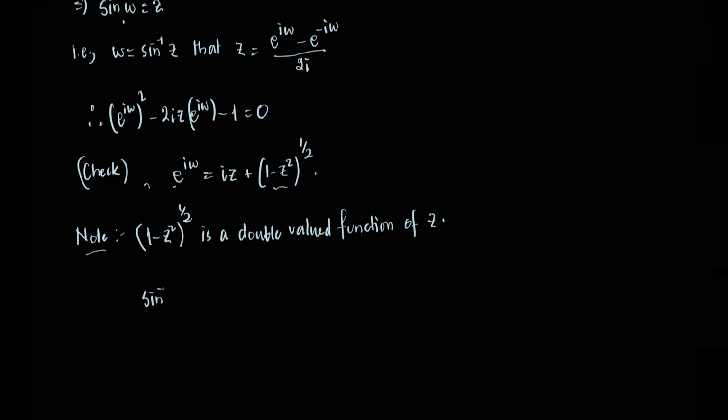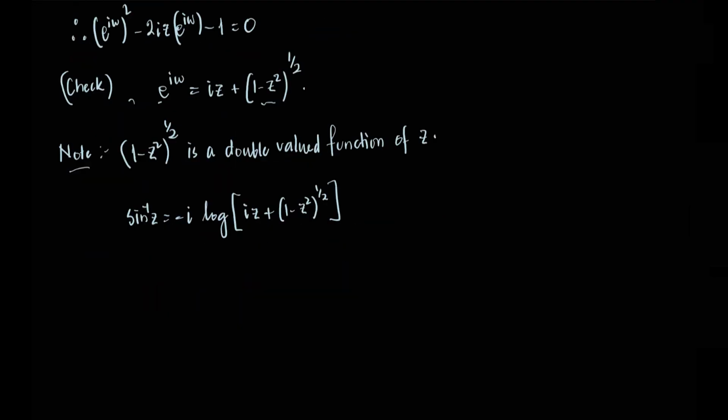So you get sine inverse z equals 1 by i, which is minus i, times the logarithm of iz plus 1 minus z square whole power half. I hope this is clear. So you see what we are actually getting is, note again, sine inverse z is a multi-valued function.